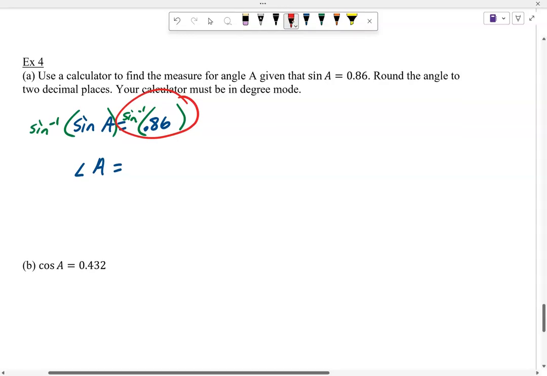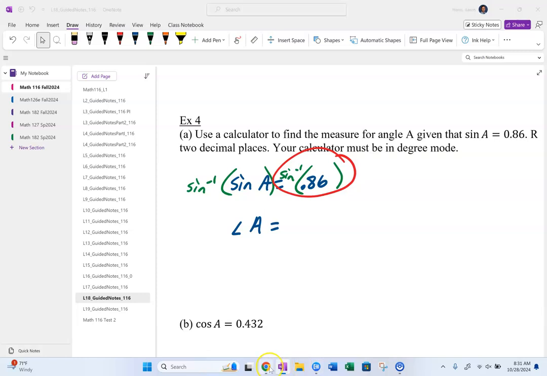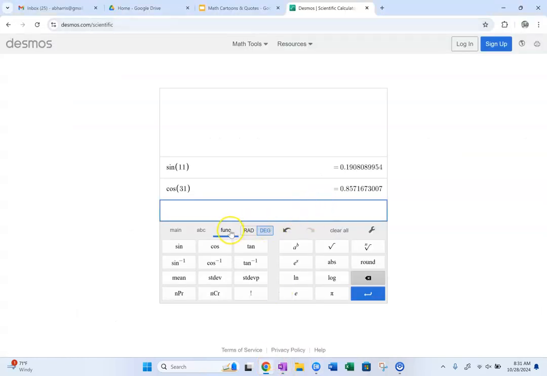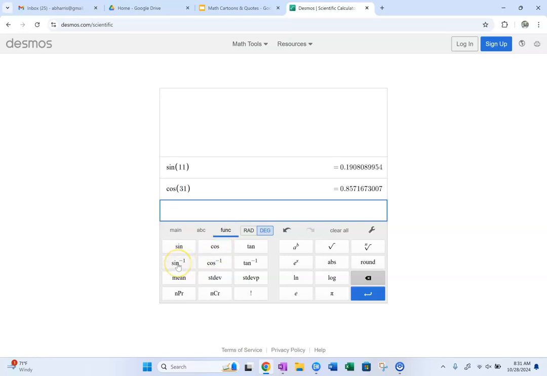So I pull up my Desmos again. I go to my functions again. If I'm on the home screen, I go to my functions. And I punch in the arc sine of 0.86. Again, make sure you're in degrees right there. I am in degrees.